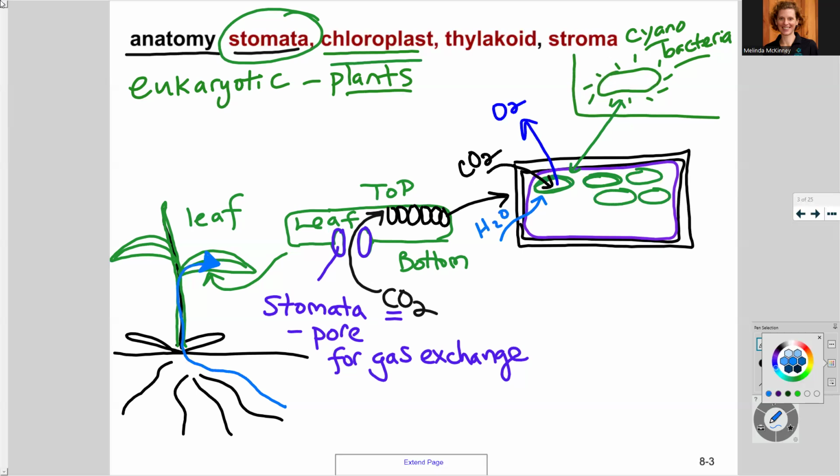And the whole goal is ultimately to get out a molecule that's going to be used to make glucose. We'll talk about what that is, but ultimately we want to make sugar, okay? So glucose is C6H12O6, and that is the purpose of photosynthesis: to make sugar.